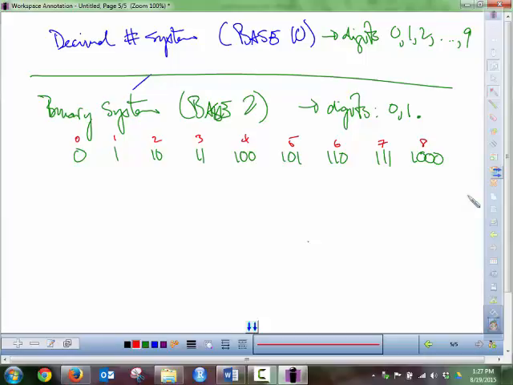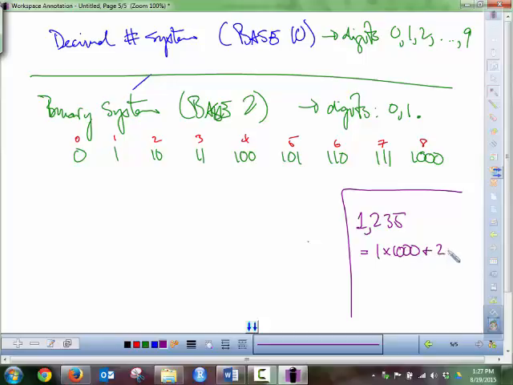So that exercise, I don't know what you thought about that exercise, 1,235 is equal to 1 times 1,000 plus 2 times 100 plus 3 times 10 plus 5 times 1.